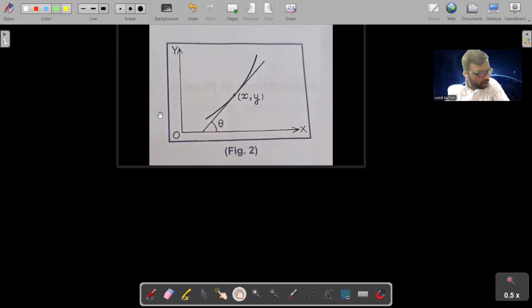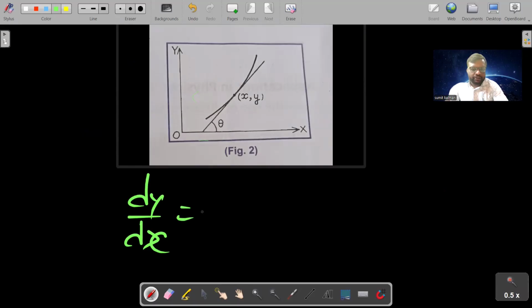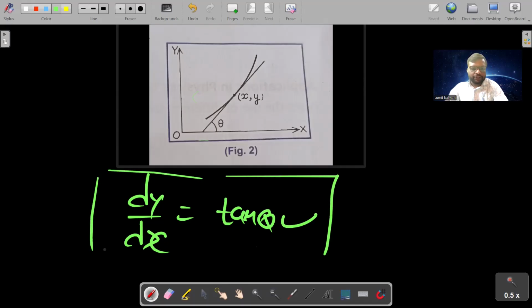So here, dy upon dx denotes the slope of the curve between variables x and y according to the given function at the point x, y, and we can write dy upon dx is equal to tan theta. This you will study in detail in your mathematics course also. I am just giving you an overview of elementary mathematics, which you will use in 11th and 12th in physics.